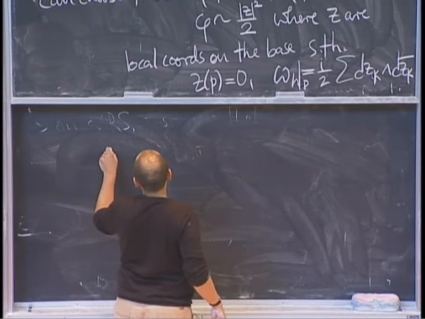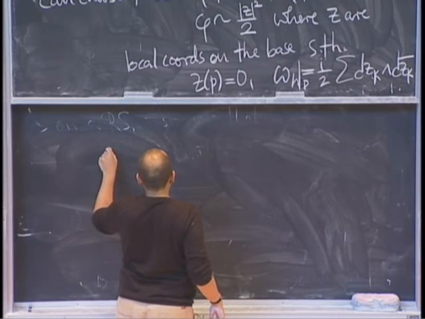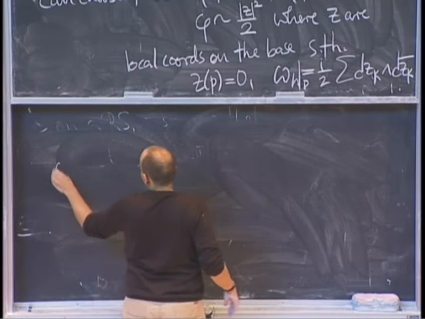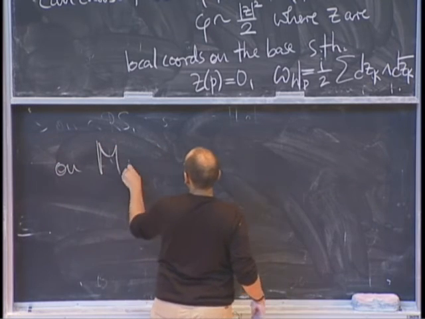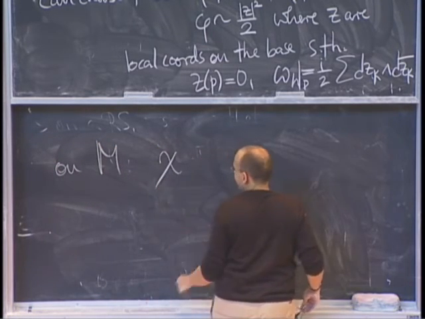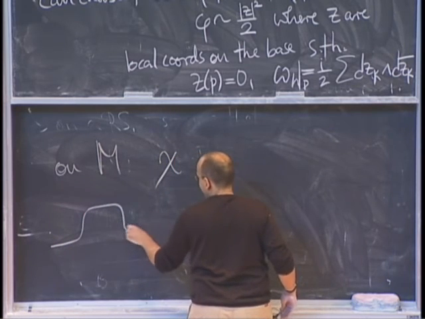And then what I do is, on my original manifold, I take a cutoff function, something that's a bump near my point.